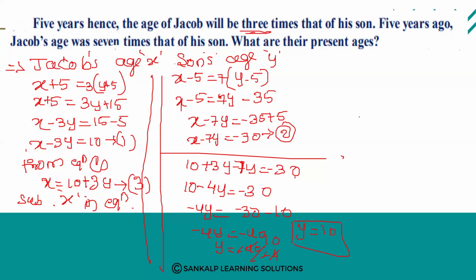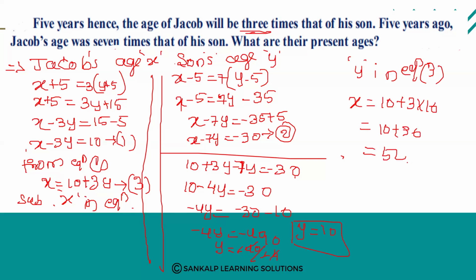Now, substitute the value of y in equation number 3 in order to get the value of x. So equation number 3 is x is equal to 10 plus 3y. Y value is 10 here. So 10 plus 30 is 40.